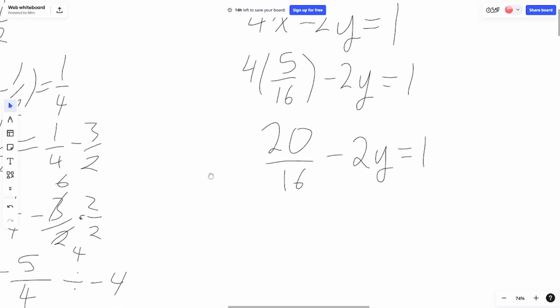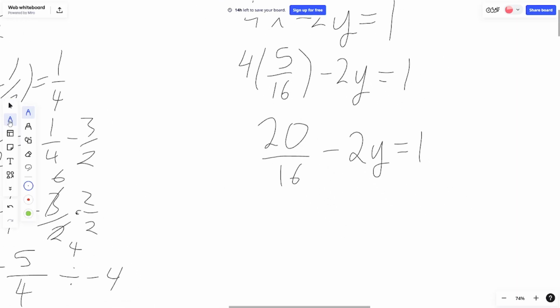Now you can simplify this fraction right now, or you can simplify it at the very end of solving for your y value. I will simplify it right now, so this will get us 5 over 4, minus 2y is equal to 1.